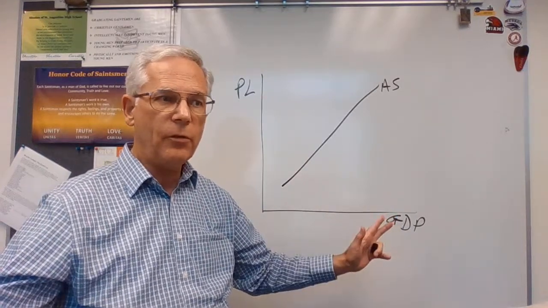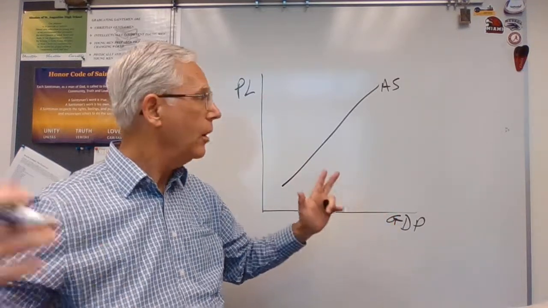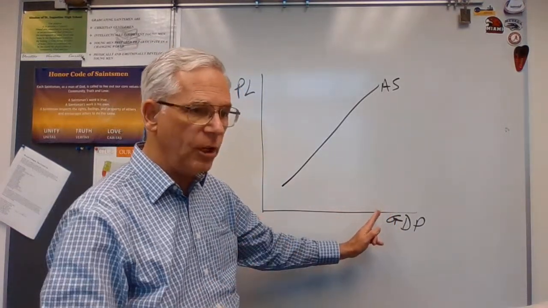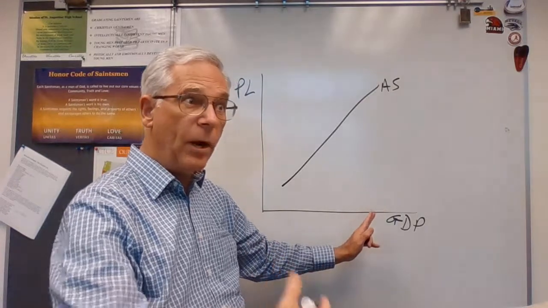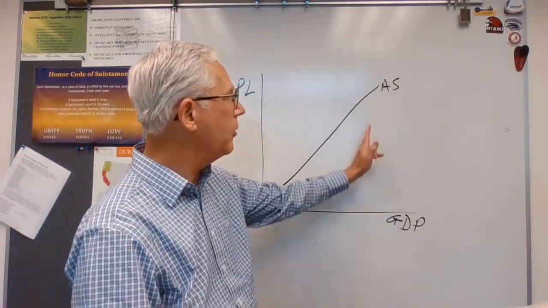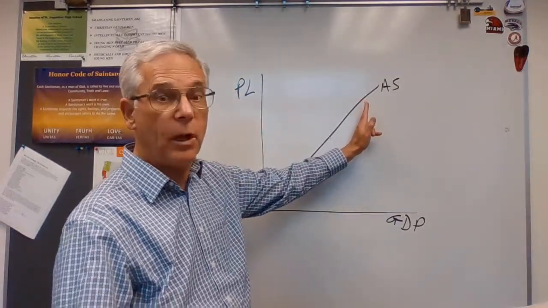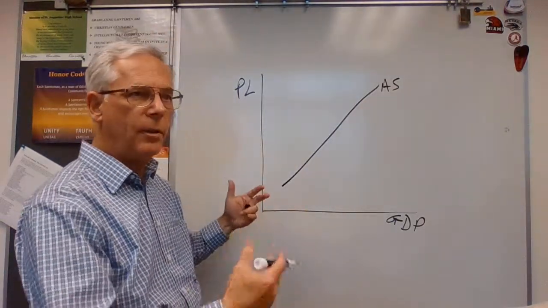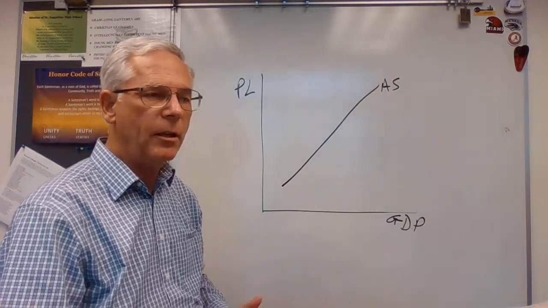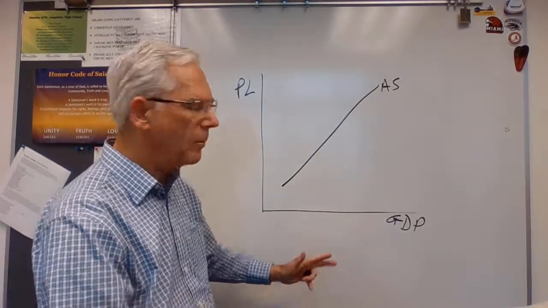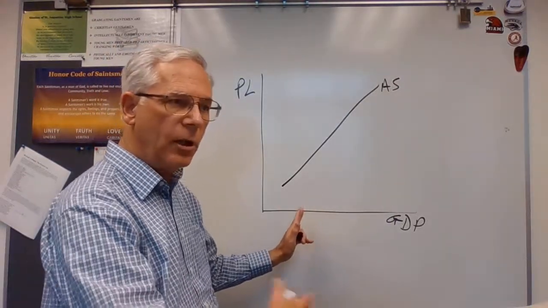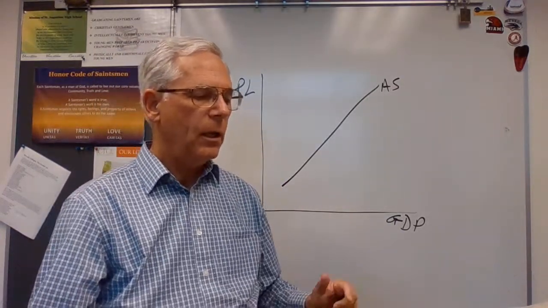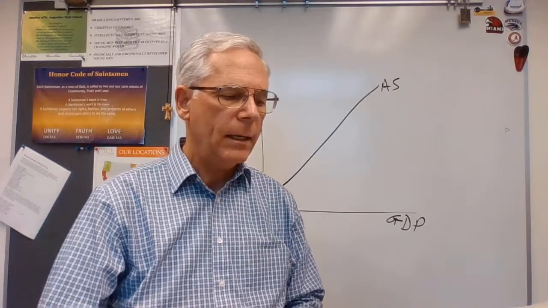If I make more of this stuff, I can sell it at a higher price. So they're going to make more stuff. The rate of GDP production will increase, and at a higher price, we'll have more output. At lower prices, businessmen are thinking, gosh, I'm not going to make a killing on this. There's no reason to knock myself out, and less real output is made. So that's the upward sloping aggregate supply curve.